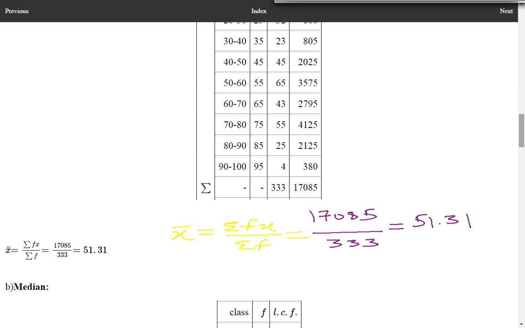I request you to do these calculations on your own and verify that x bar is equal to 51.31. Find the sum of this column and the sum of this column, just divide them and you will obtain the mean. Mean is basically the sum of all observations divided by the number of observations.